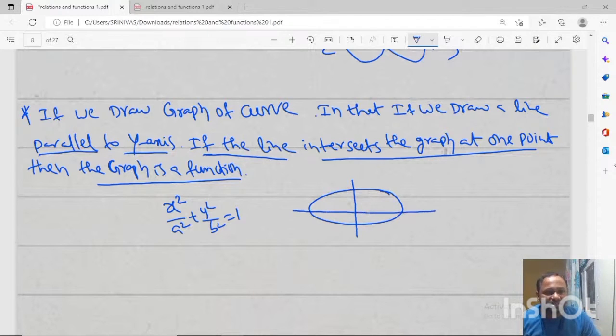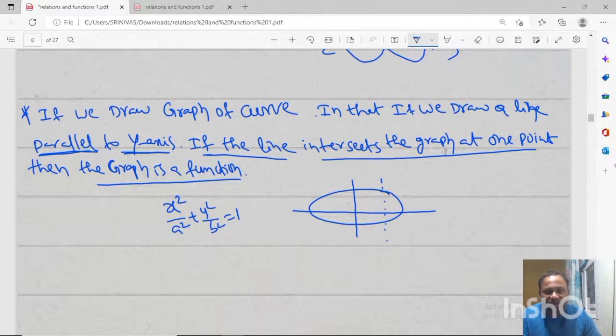Okay, what I said: draw the graph of the curve. I have drawn. Next, what do we need to do? We need to draw a line parallel to the y-axis. This is the line parallel to the y-axis. Okay.